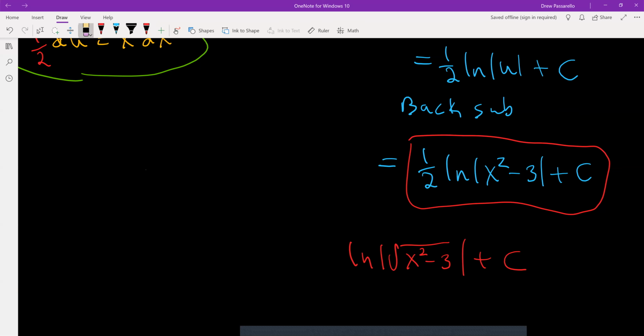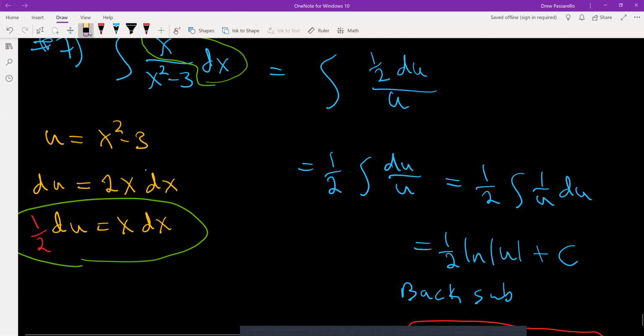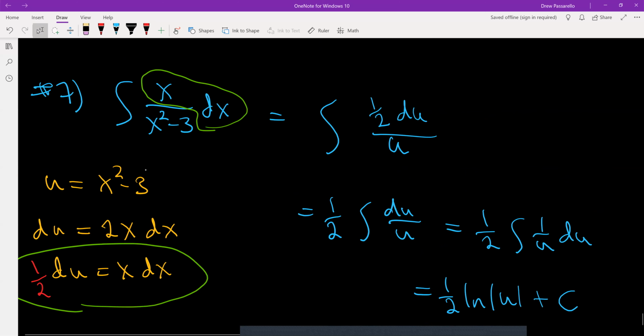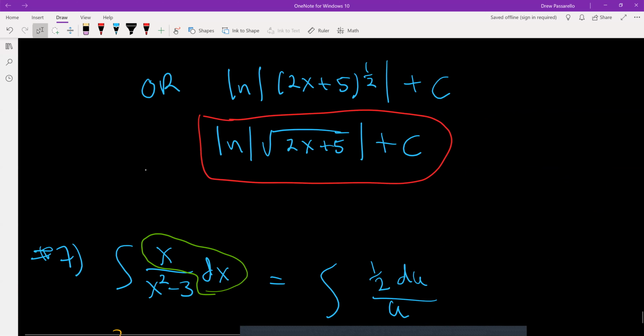Technically, since taking the square root is going to result in a positive number, you really could ignore the absolute value sign and just write it as the natural log of the square root of x squared minus 3. It's not incorrect to write it like that. It's just redundant.